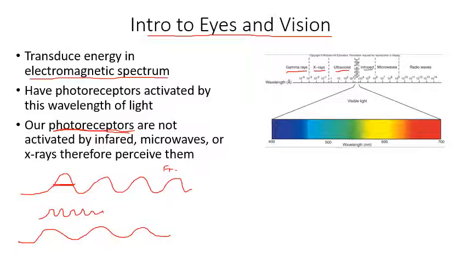We have infrared and microwave, which are the longer, lower frequency. And in between those, we have visible light, just a small region, with a wavelength of 400 to 700 nanometers. This is what your photoreceptors will respond to. They will respond to electromagnetic radiation within this certain wavelength to give us vision.